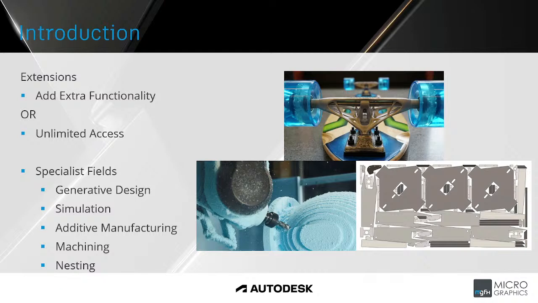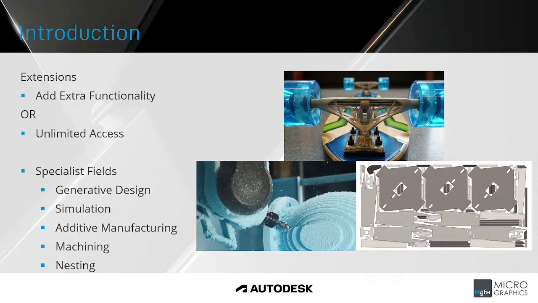So what we're looking at specifically today is the product design extension. This extension will unlock extra design features within Fusion 360 to allow for the creation of more complex components, quicker.